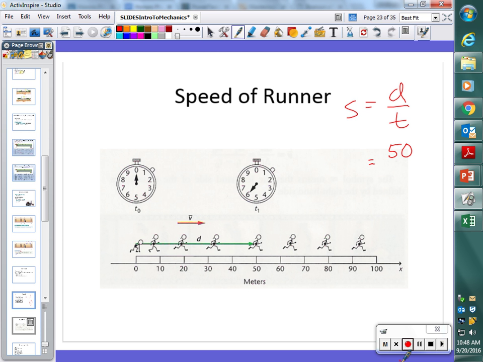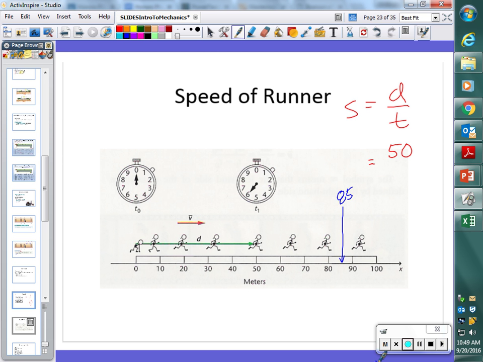So if we were measuring a distance here, we would measure that distance as what? Like where the blue arrow is. What would be an acceptable measurement of that distance? 85. That would be a perfectly fine measurement.